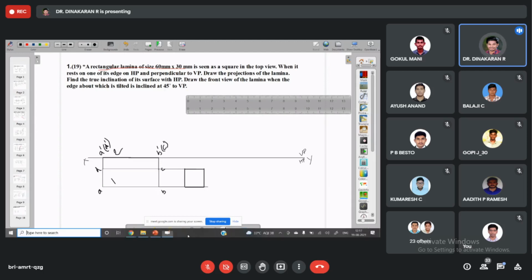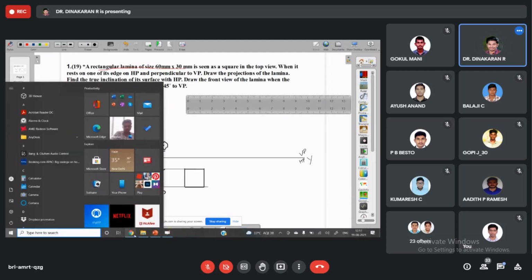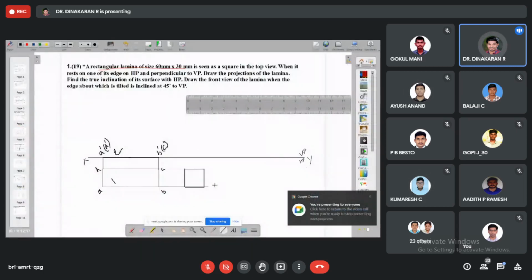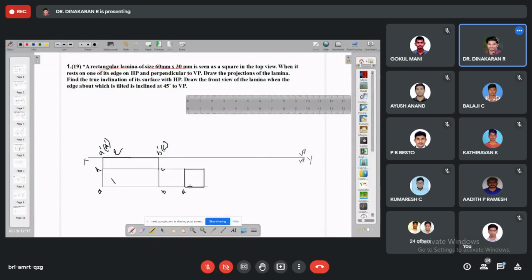So draw a square of 30 mm first. Do you have any doubt on this? No, sir. Then after that, what are the names that will come here? A1, B1, C1 and D1. Now, what is the next procedure? We will draw vertical lines above.